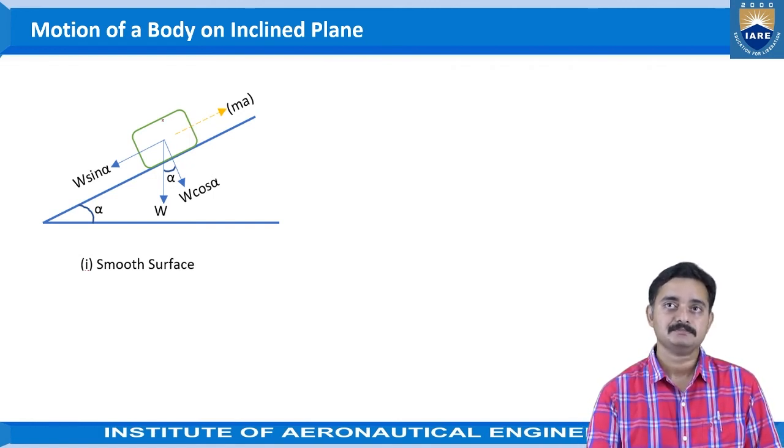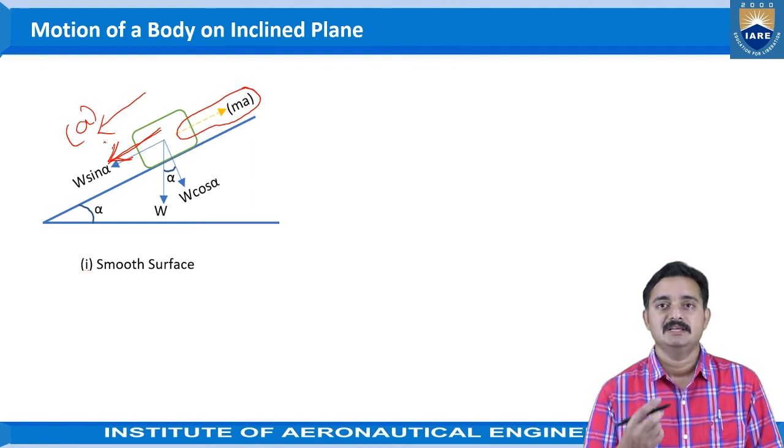As this object is moving in this direction, we consider the inertia force MA. As the object moves in the down the plane direction, the acceleration is in this direction.